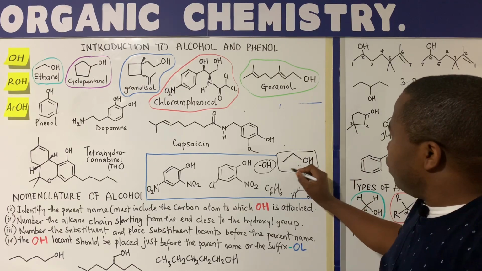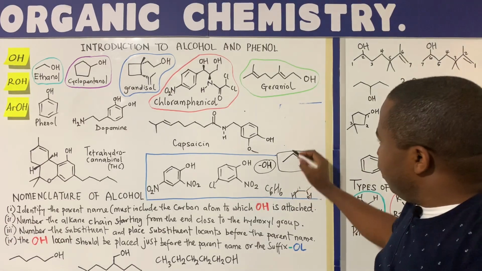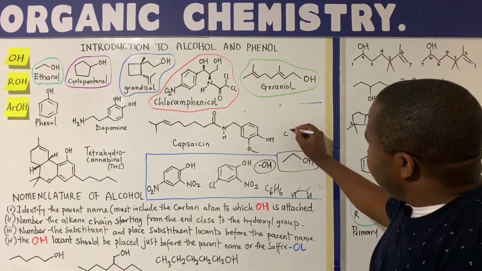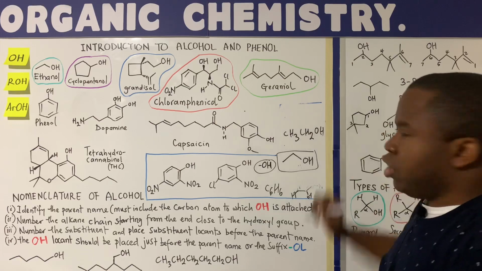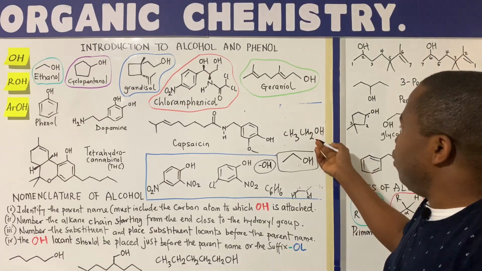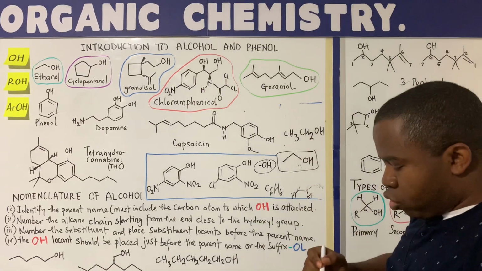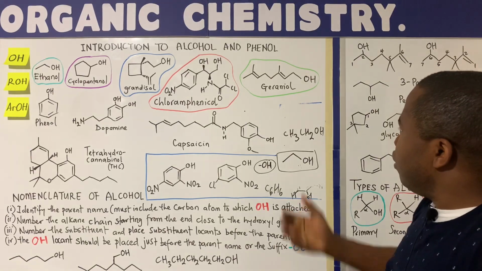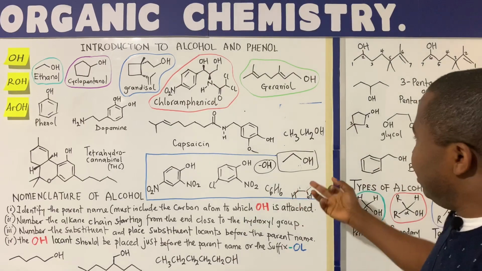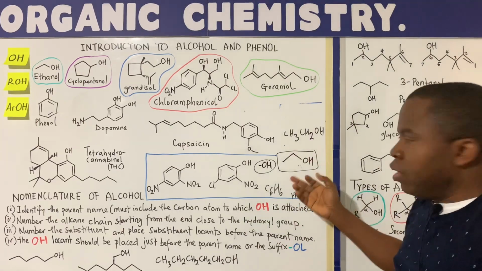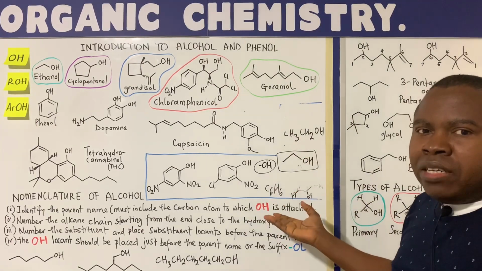If we are to write the molecular formula of this, it's the same thing as CH3CH2OH. So this is ethanol, but this is the skeletal form. But in most cases, you're not going to see the formula as this. You're just going to see the skeletal formula of the compound you are dealing with.